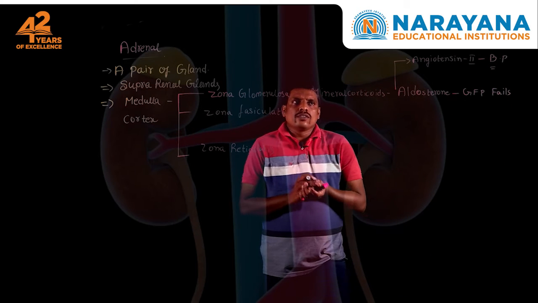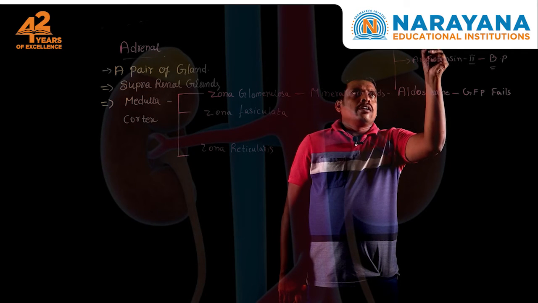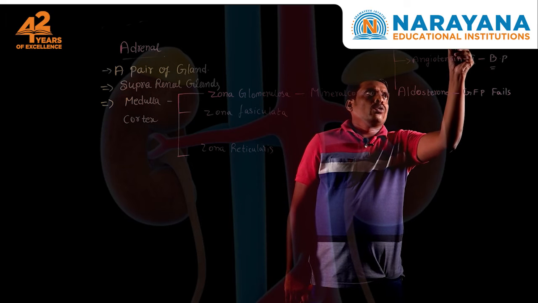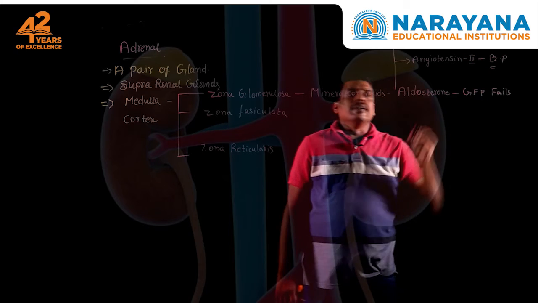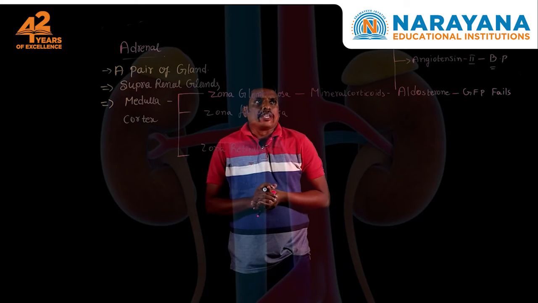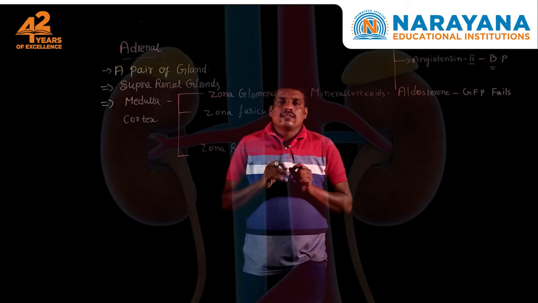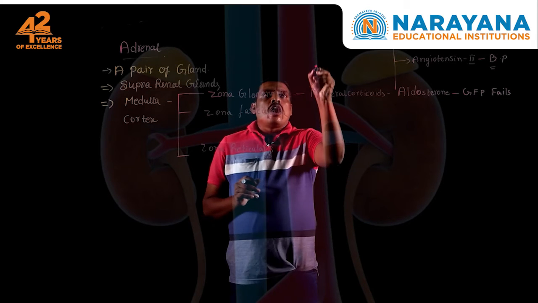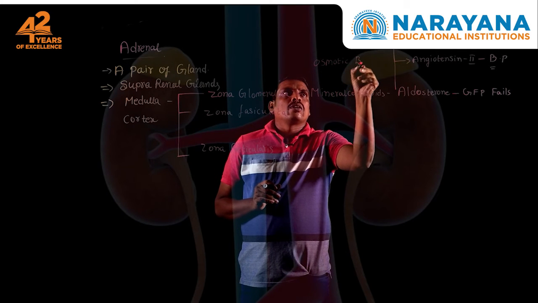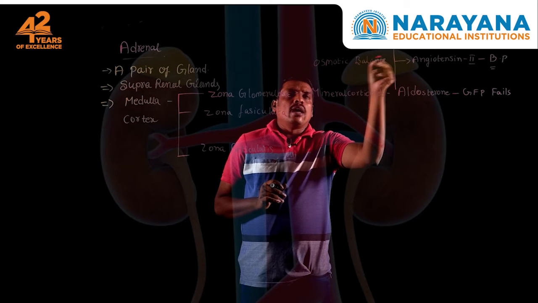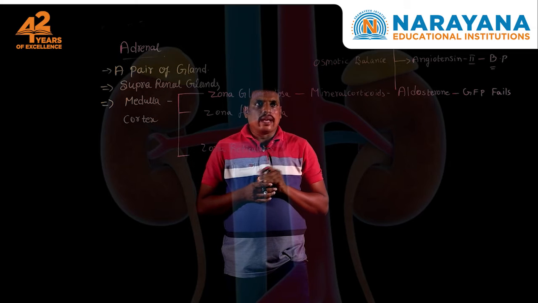Aldosterone also plays a key role in the reabsorption of sodium ions and secretion of potassium ions into the interstitial fluids. By reabsorbing sodium ions and secreting potassium ions, aldosterone helps in the osmotic balance of our body.